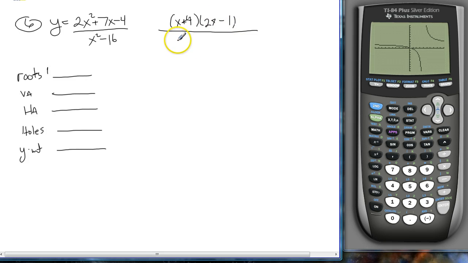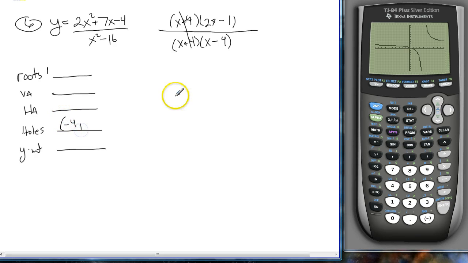And the bottom would be x plus 4, x minus 4. That's the easy one. The x plus 4's cancel. It tells me it's a hole. So the hole's at negative 4.